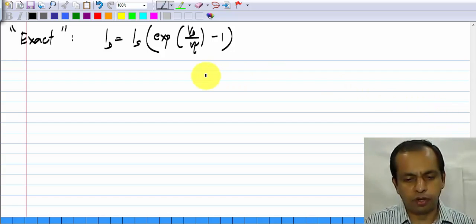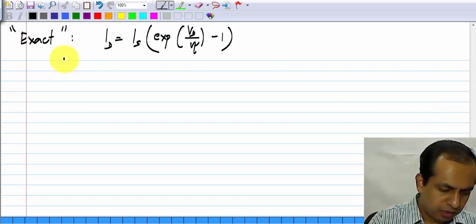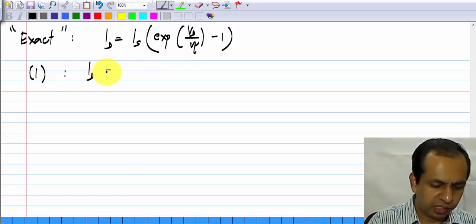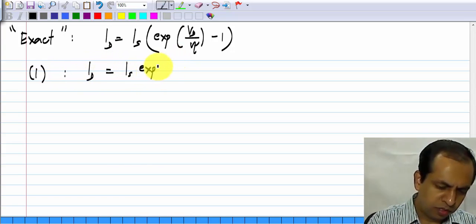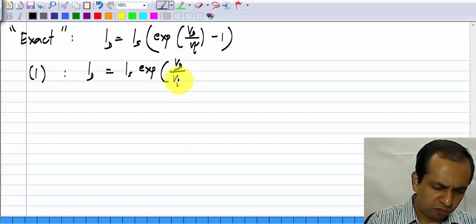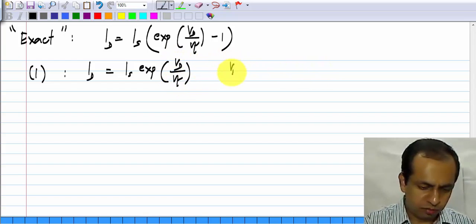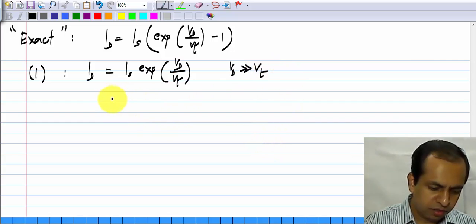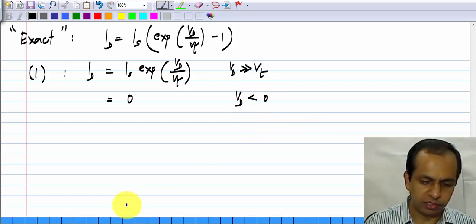And this is valid for all values of Vd. And then we have the first level of approximation where we say that Id is just the exponential without this -1 term when Vd is much more than Vt, and it is 0 when Vd is less than 0.